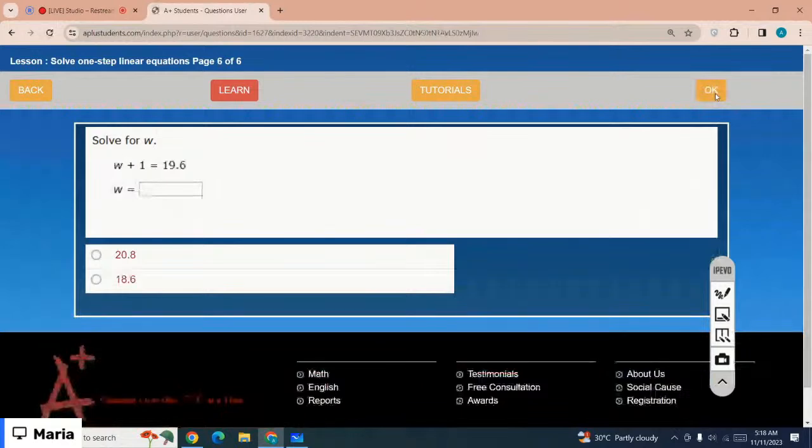Okay, the next one is w plus 1 equals 19.6. So which is the correct option? So the correct option is 18.6, right?